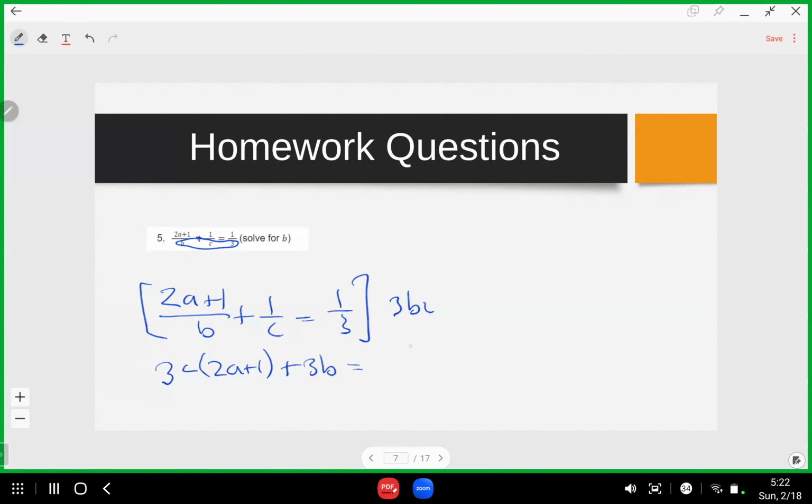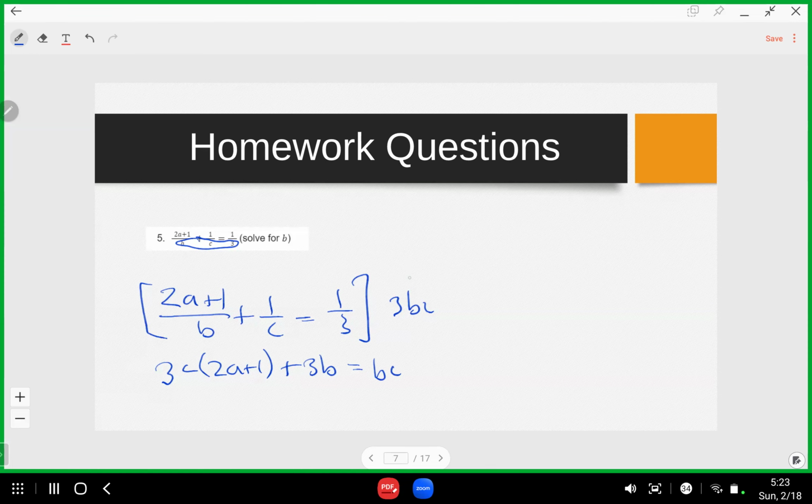Then I did 3BC times 2A plus 1. So this step is like we divide by that B, so we get 3C, and then 3BC times 1 over C.